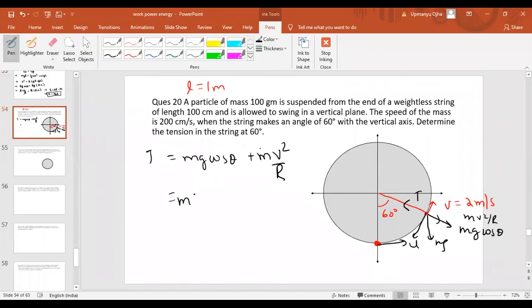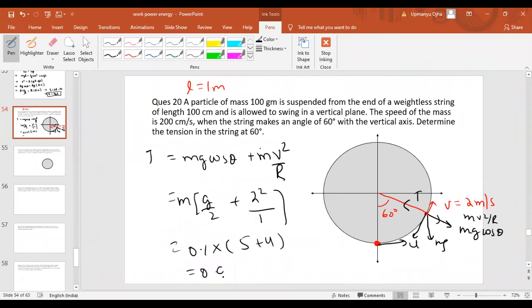We can take the mass common: g cos theta, and cos 60 is half, so g by 2, plus v, the velocity at this point, is 2, squared. The radius is the length of the string, that is 1 meter. Putting the values, mass is 0.1, this g by 2 is 5, plus 4. So the answer would be 0.9 Newton.